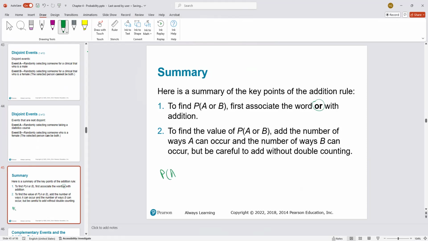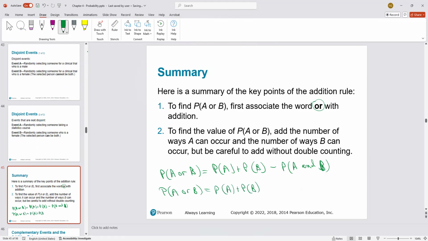We said probability of A or B is probability of A plus probability of B minus probability of A and B. But for disjoint events, probability of A or B would simply be probability of A plus probability of B. When they have nothing in common, the last part is zero. Okay? So that is the special addition rule.